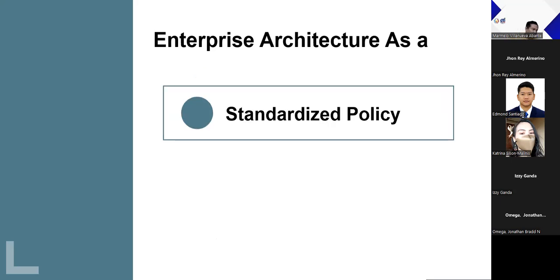So let's proceed to the standardized policy. EA supports the implementation of standardized management policy pertinent to the development and utilization of IT and other resources by providing a holistic hierarchical view of current and future resources.